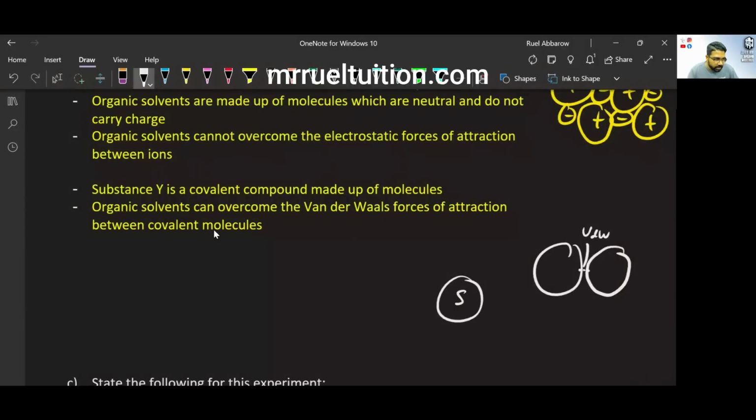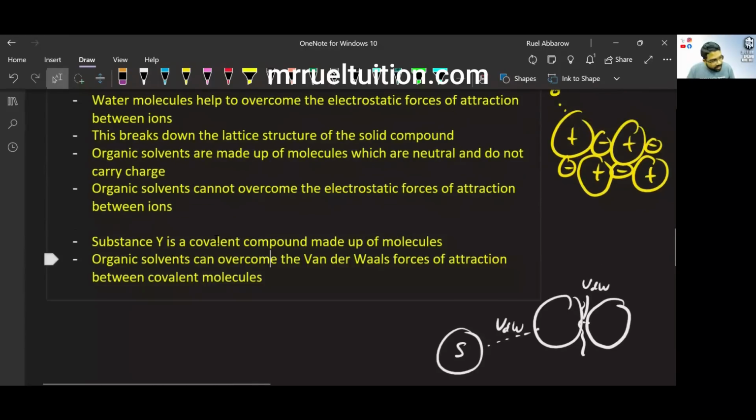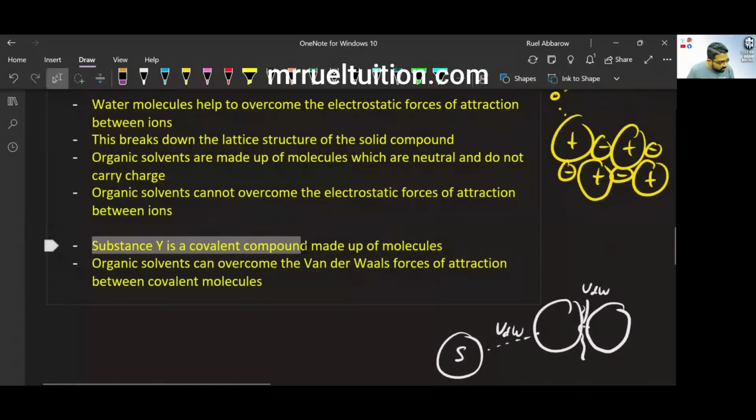This is the solvent. So the solvent molecules are able to form van der Waals force of attraction with the solid molecules, and this is strong enough to break the van der Waals force of attraction here. So yes, it can dissolve in organic solvent. That's the story. But again, class, I'm just teaching you the theory so you understand this. For the inference, the answer is only this: Substance Y is a covalent compound.